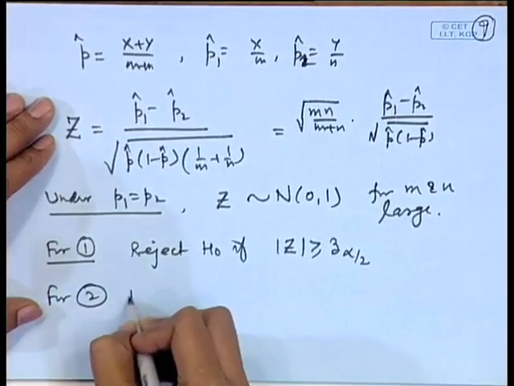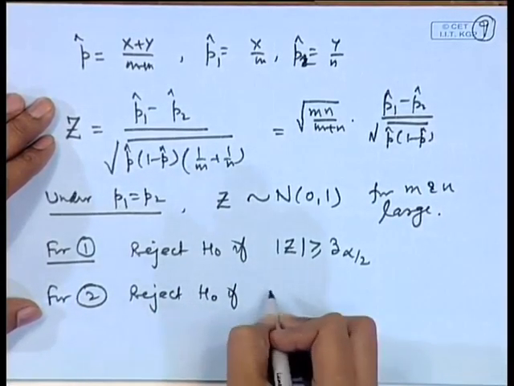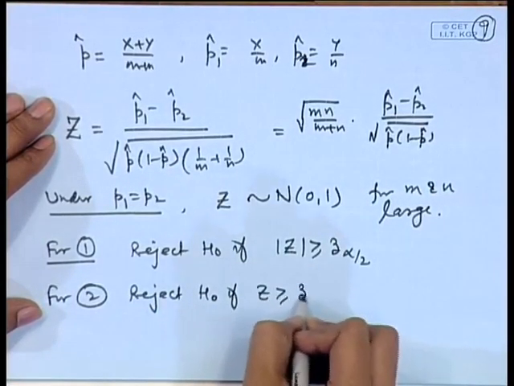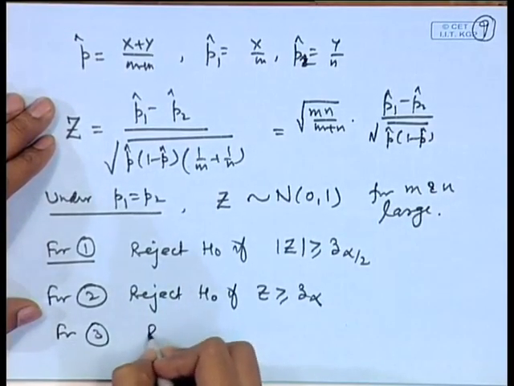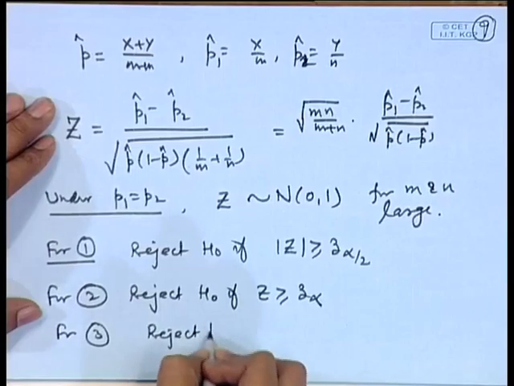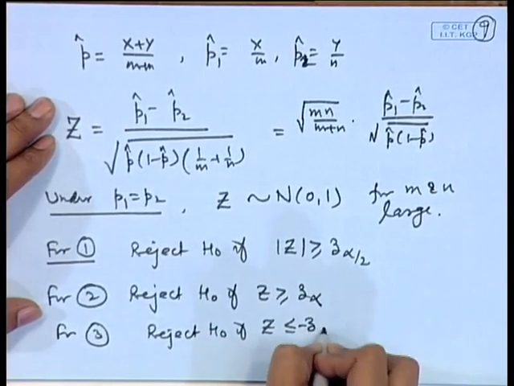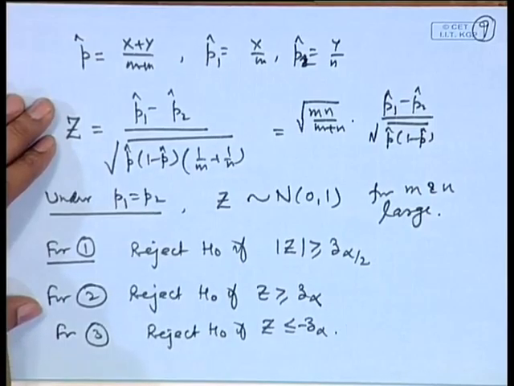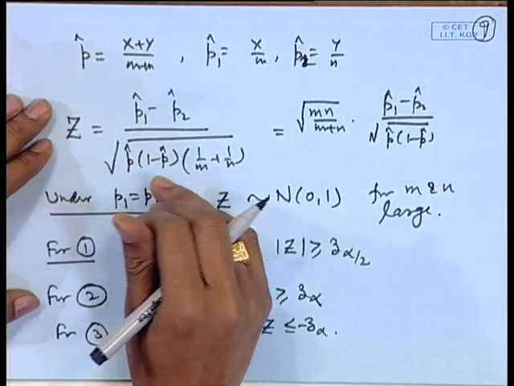For 2, it will be reject H naught if z is greater than or equal to z alpha. For 3, reject H naught if z is less than or equal to minus z alpha. So, this is an approximate test.